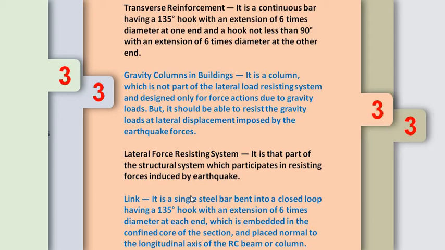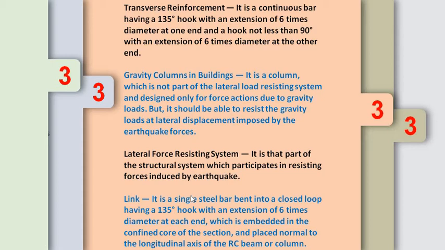Again, that should also not be less than 65 mm at the other end. The hooks shall engage peripheral longitudinal bars. In general, the 90-degree hooks of two successive cross ties engaging the same longitudinal bar shall be alternate at end. Now, transverse reinforcement in column is typically called stirrups, and that in beams is called cross ties.